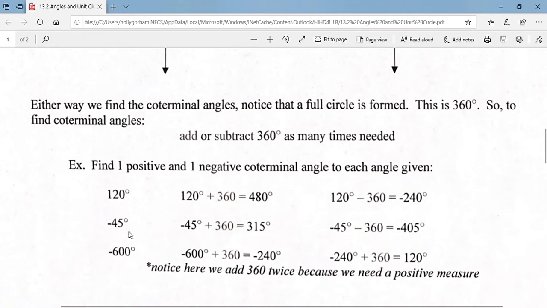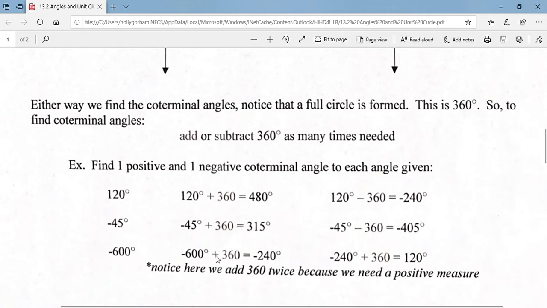When I give you negative 45 degrees, again, to find a positive, you're going to add 360. That would put you at 315. Subtract 360. That would put you at negative 405. Now, on this last one, you're at negative 600. You could subtract 360 and get negative 960. That's fine. But I want you to think about how you're going to get the positive angle.